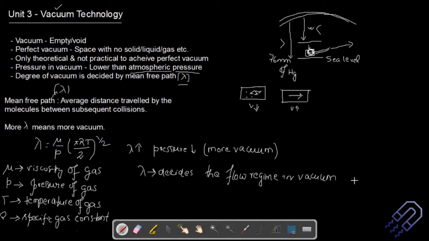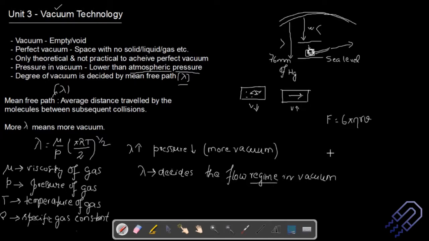Lambda is the mean free path in this case. Lambda decides the flow regime, FLOW REGIME, in vacuum.